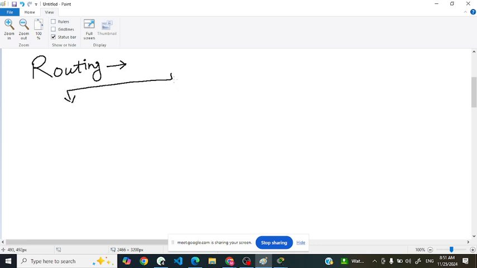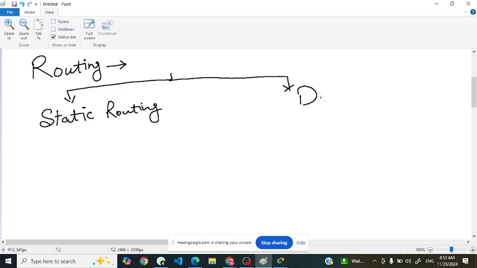There are two types of routing. One is static routing and one is dynamic routing.